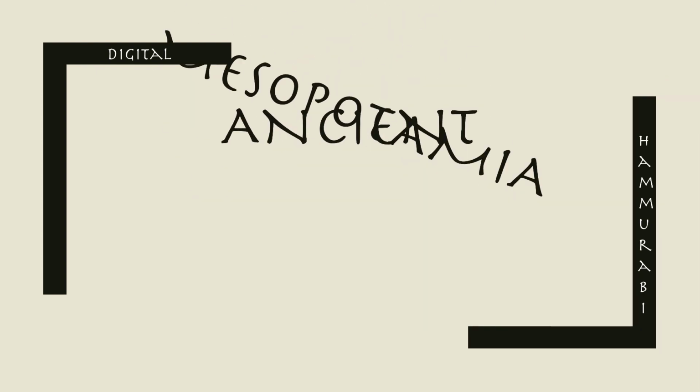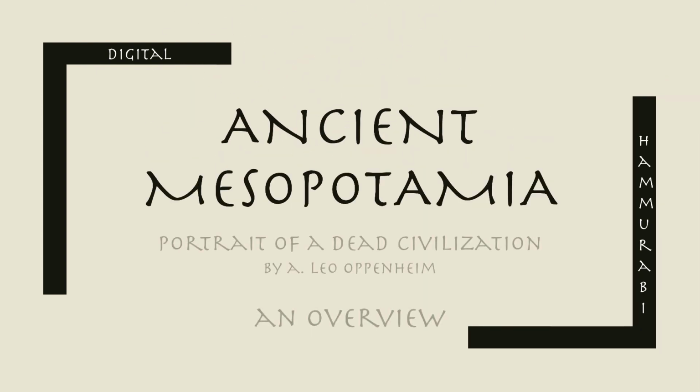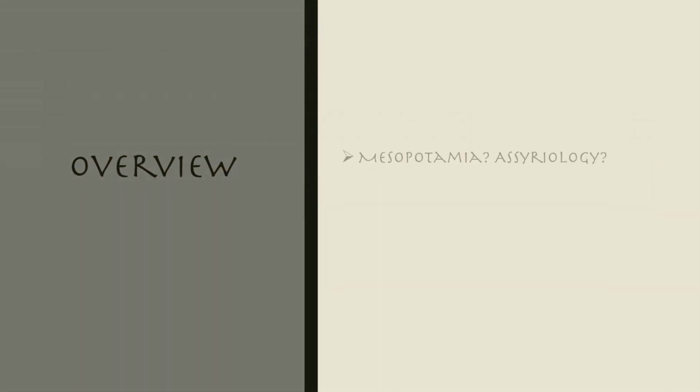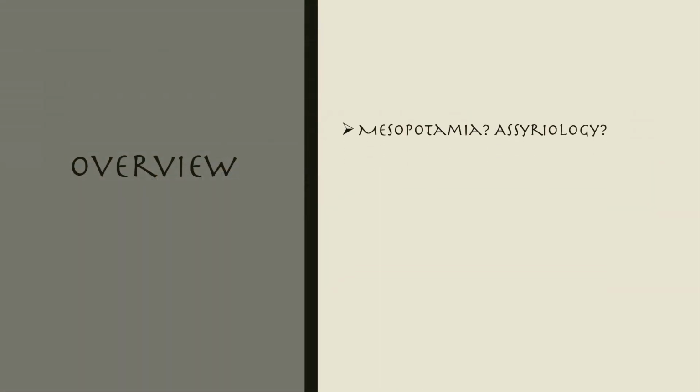Well, welcome to our new series, everyone, called Ancient Mesopotamia, Portrait of a Dead Civilization, an overview of A. Leo Oppenheim's book. In this series, we're going to be talking about Mesopotamia. So this week, we're going to start with Mesopotamia, Assyriology. What is this stuff?